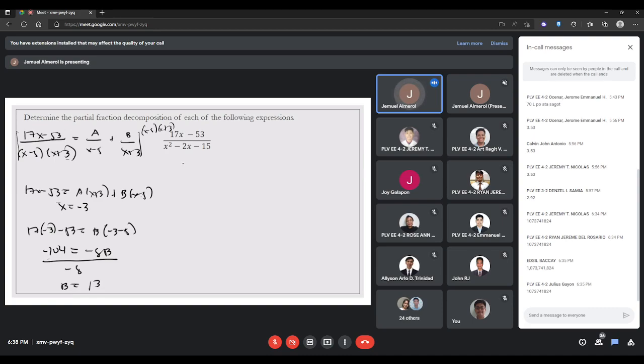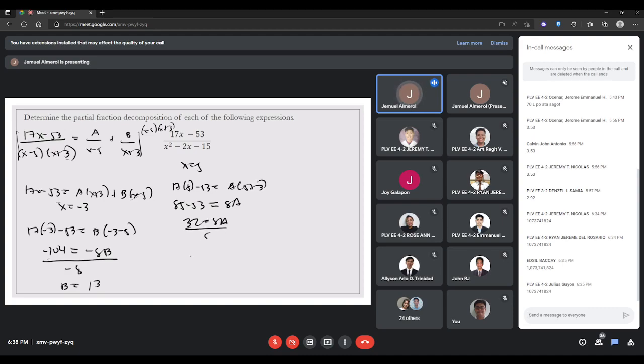Now, when x equal to 5, syempre, ito makakancel. Substitute nyo lang yung 5 dun sa naiwan. 17 times 5 minus 53 would be equal to a times 5 plus 3. This is 85 minus 53, that would be equal to 8a. Now, this is 32 is equal to 8a.